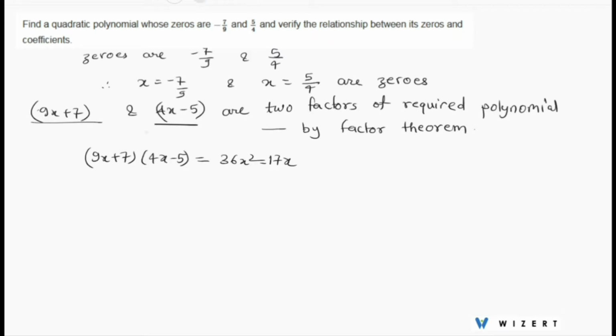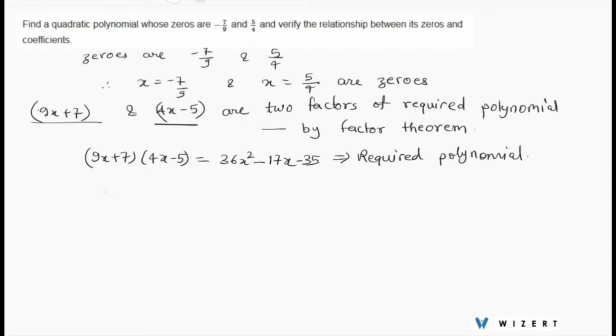Then the constant term will be 7 multiplied by minus 5, which is minus 35. So this is the required polynomial. Now we need to verify the relationship between its zeros and coefficients.